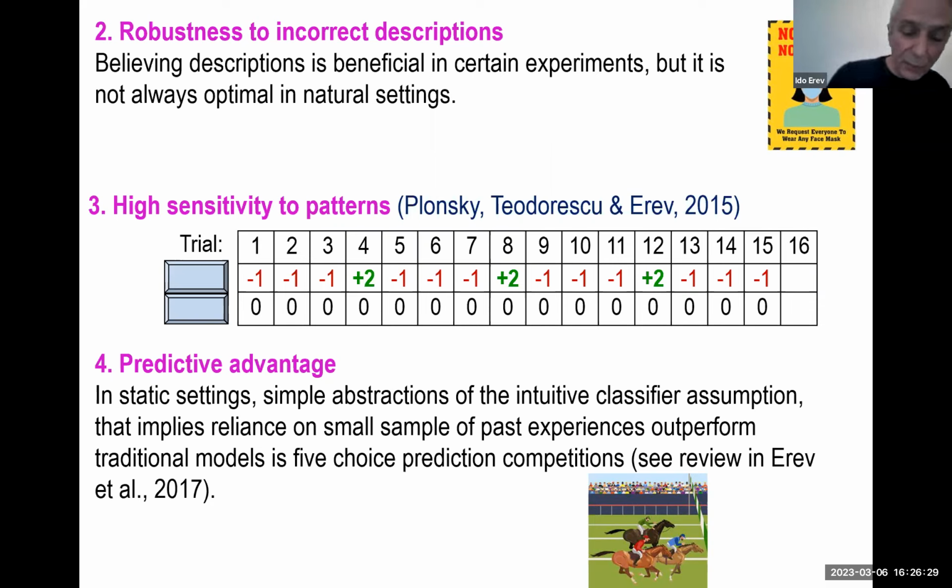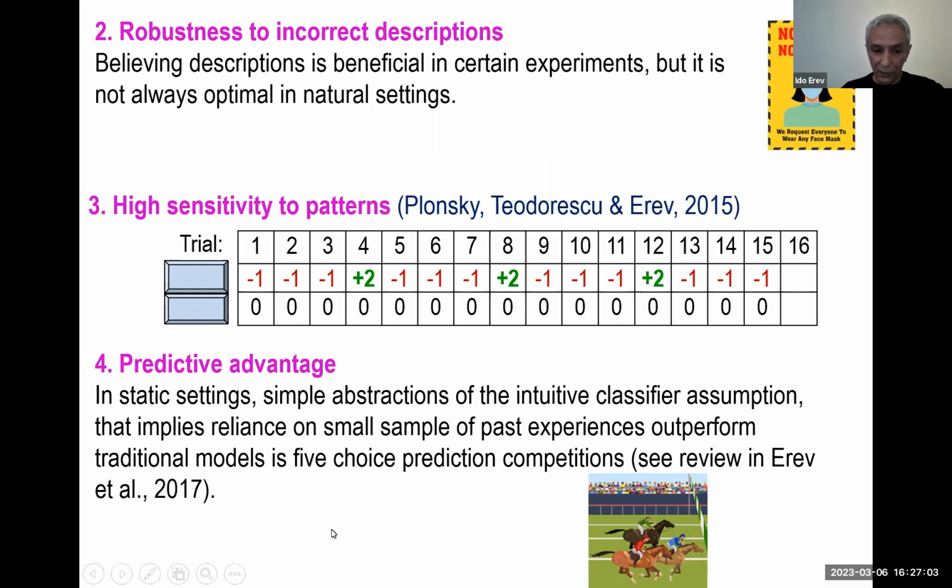This reliance can be the product of an effort to select the most similar past experiences. That is, when the environment is static, as in the competitions that we ran, the effort to classify past experience and select the most similar past experience leads people to behave as if they rely on small samples, and models that share this assumption provide the best prediction even for decision under risk.